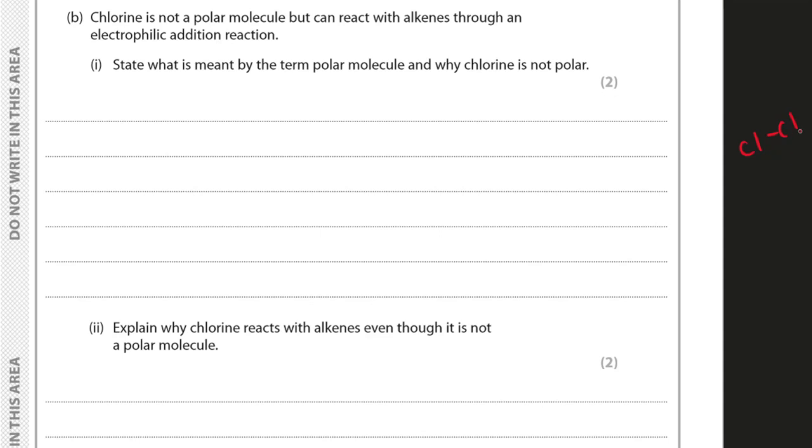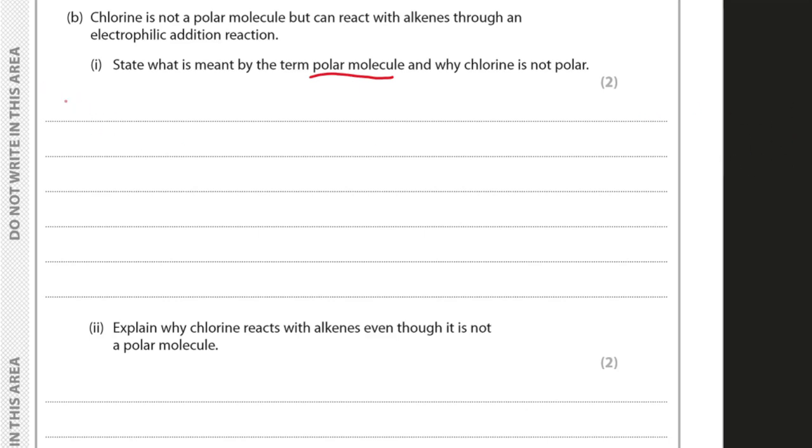Polarity basically means a molecule where one of the atoms in a bond has a partial positive charge while the other has a partial negative charge. And for this to happen, you require a significant electronegativity difference. But in this case, both of them are the same element, so there is no electronegativity difference. So we can easily say that chlorine is not a polar molecule.